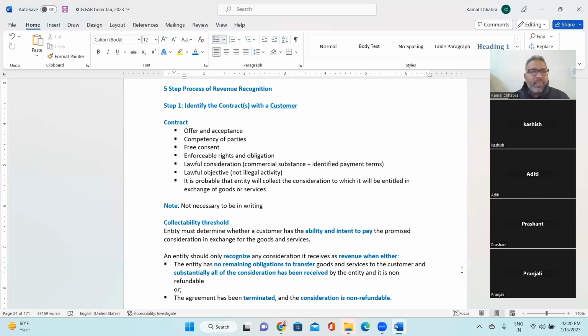Let's assume I have to develop a software, right? And Prashant, you have a company which is developing the software and you have reached out to me and finally given me an offer that you can develop this software for my company at, let's assume, $100,000, right?